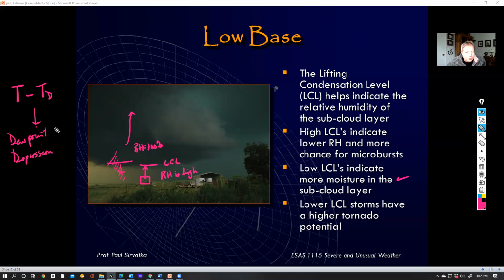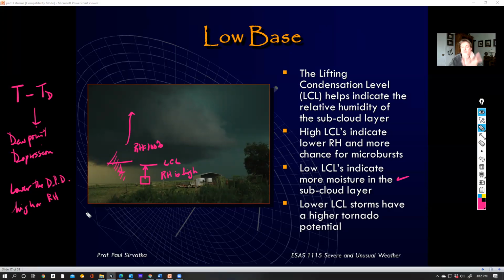And that dew point depression is a measure, it's sort of what we call a proxy, a substitute for what the relative humidity is. The closer these two are together, the higher the relative humidity. So the lower the dew point depression, it's not an acronym, I'm just not writing it out, the higher the relative humidity.